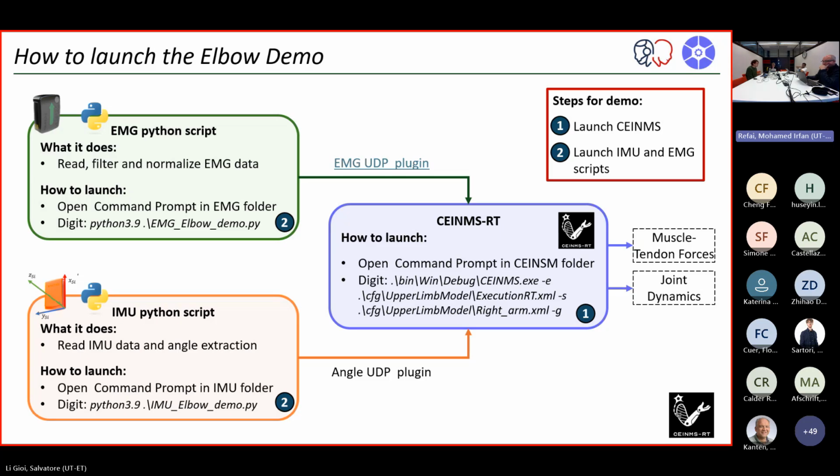All of these parameters go inside CEINMS, which allows us to estimate the muscle force and the joint dynamics. What I want to mention is that first we are going to launch CEINMS, and then we are going to launch the IMU and the EMG scripts that allow us to estimate the parameters.